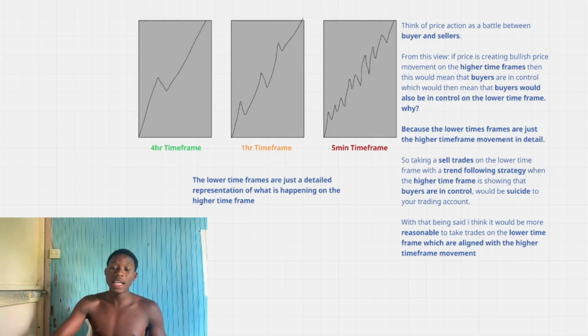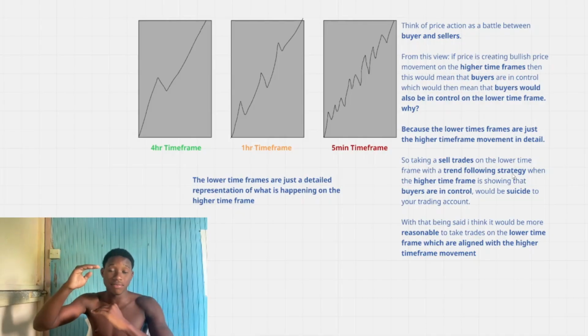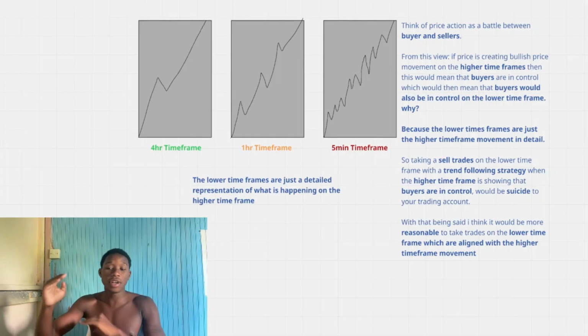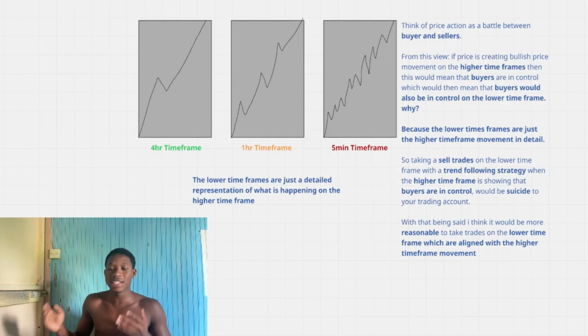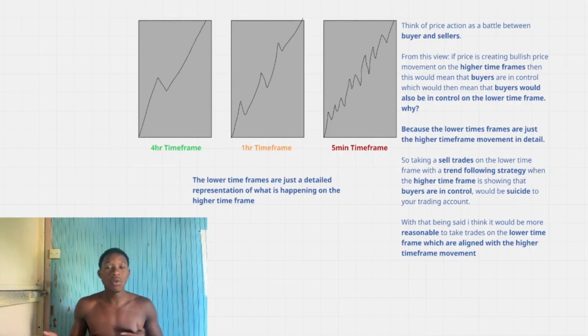So, taking sell trades on the lower time frame with a trend following strategy, when the higher time frame is showing you that buyers are in control, that would mean suicide to your trading account. You're basically going against the trend.